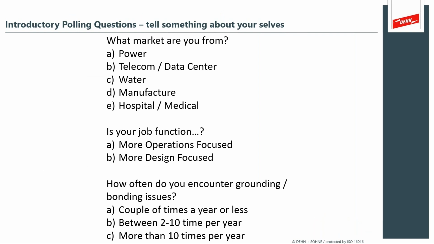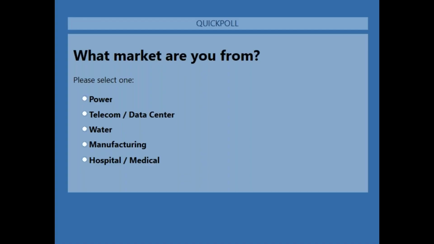We'd like to start with a few polling questions to the audience and get a feel for how our interactive session is going to proceed. I'd like to let Stephen start presenting the first question, and you'll see this come up on our screens. We're interested to understand the audience, so this is just a quick understanding.